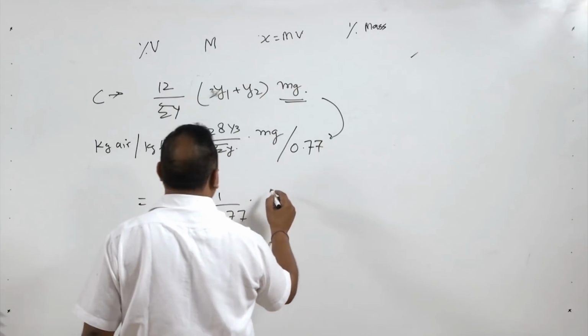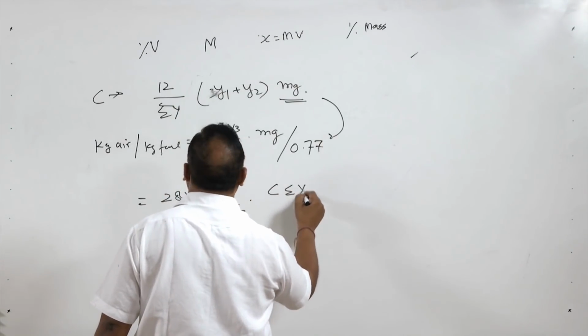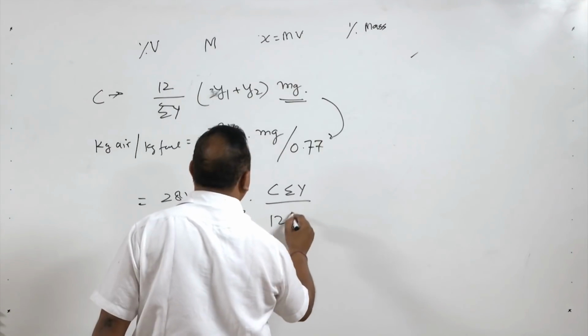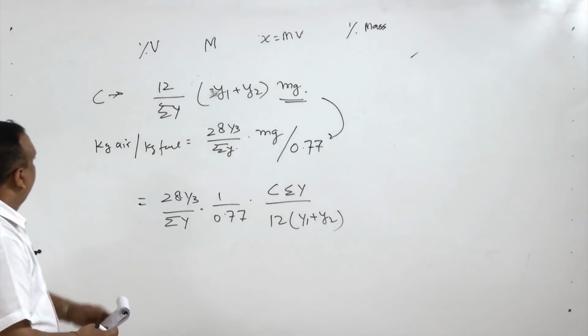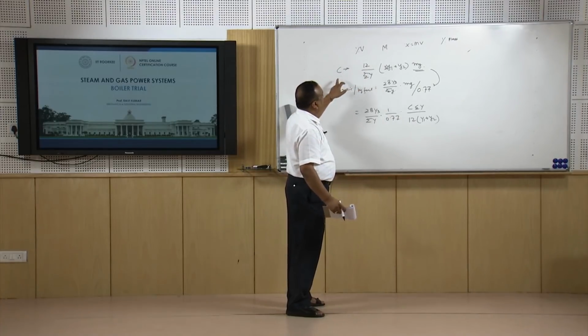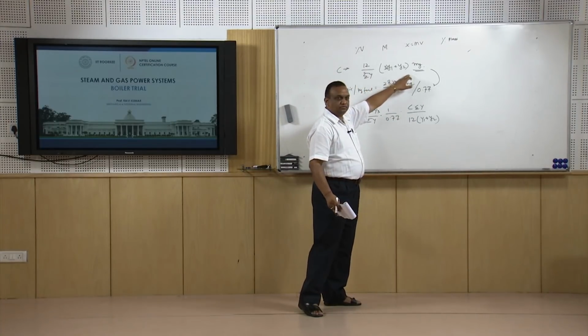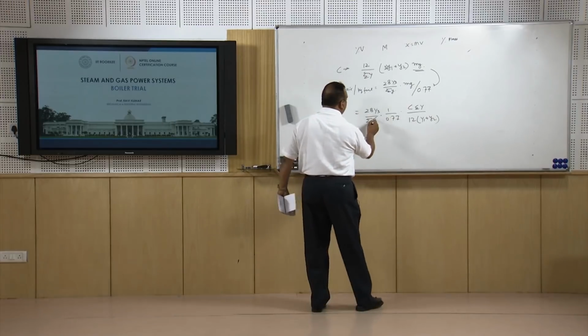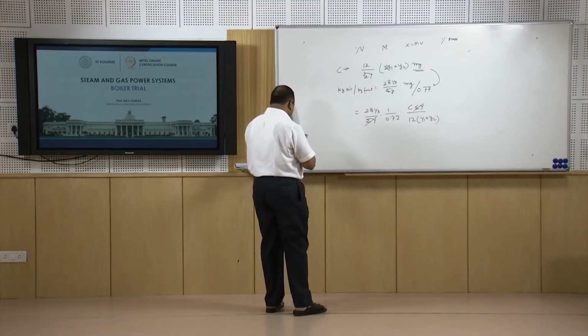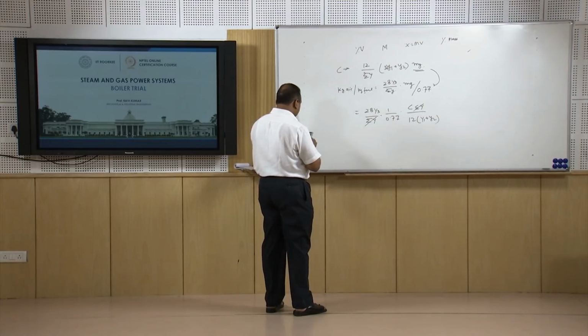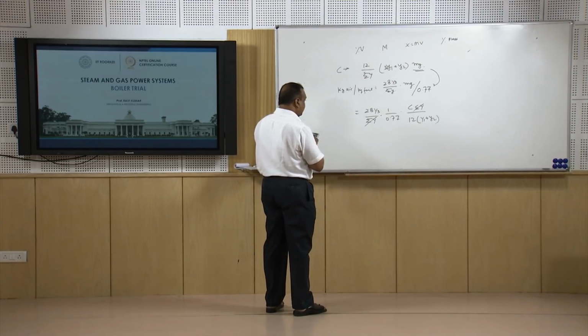mg will be C sigma y divided by 12 (y1 plus y2), right? So sigma y and sigma y will be cancelled out, and we have 28 divided by 0.77 divided by 12.